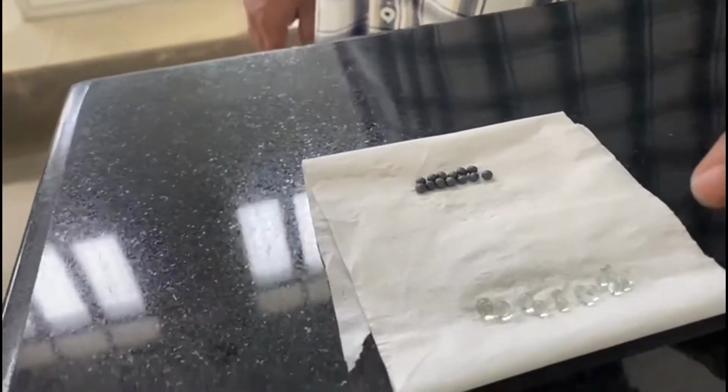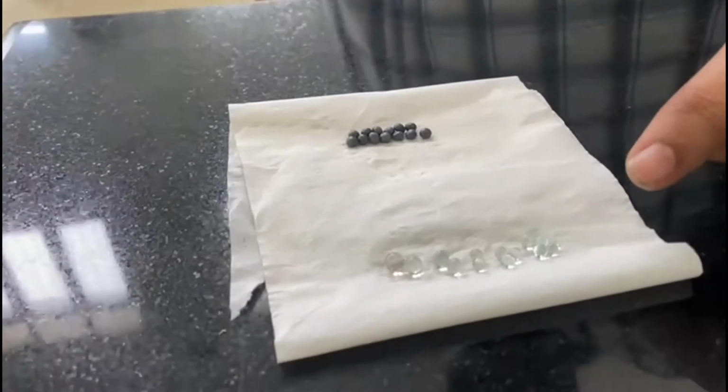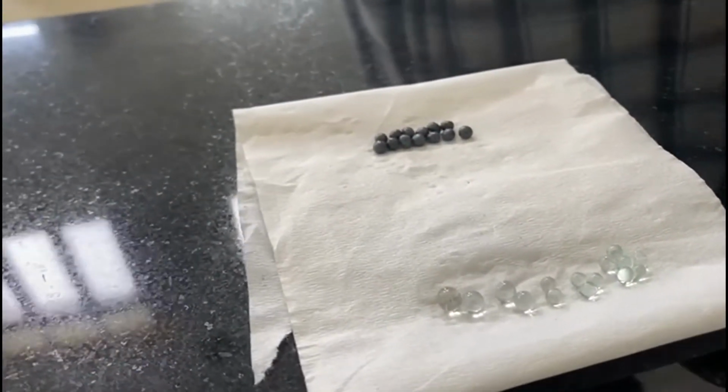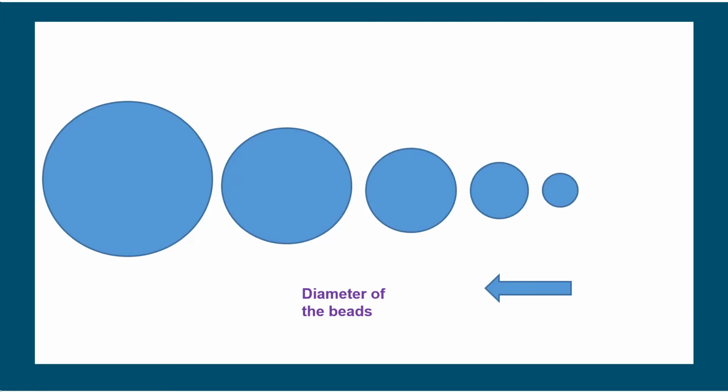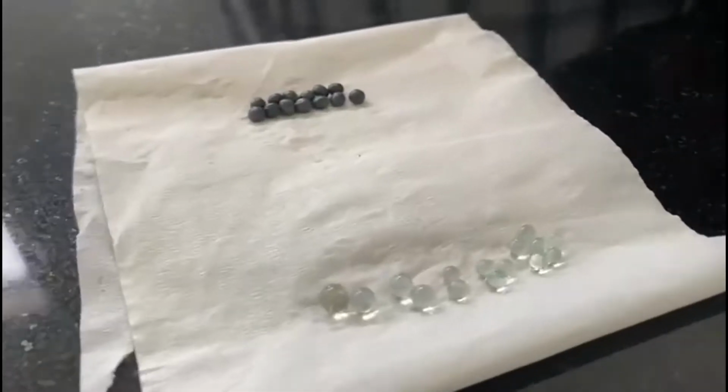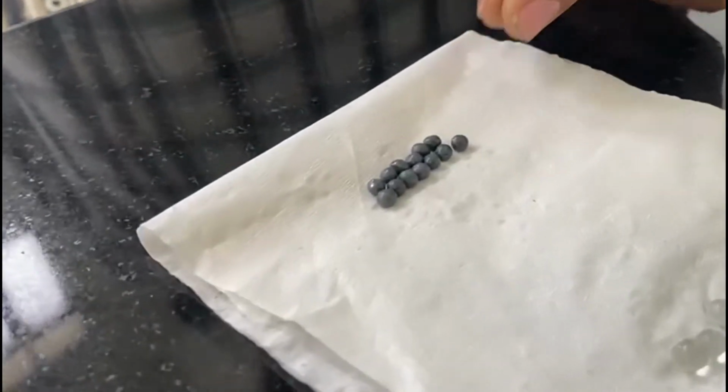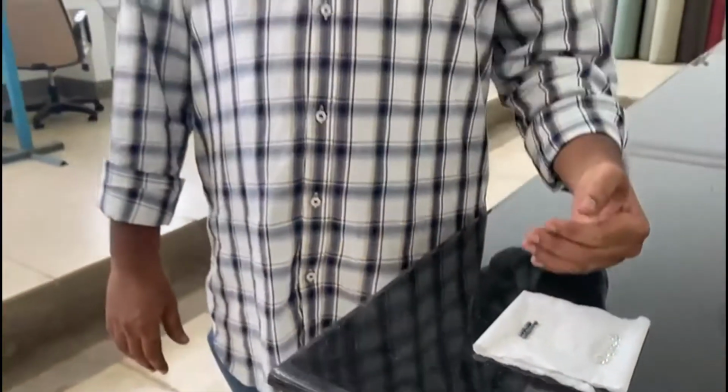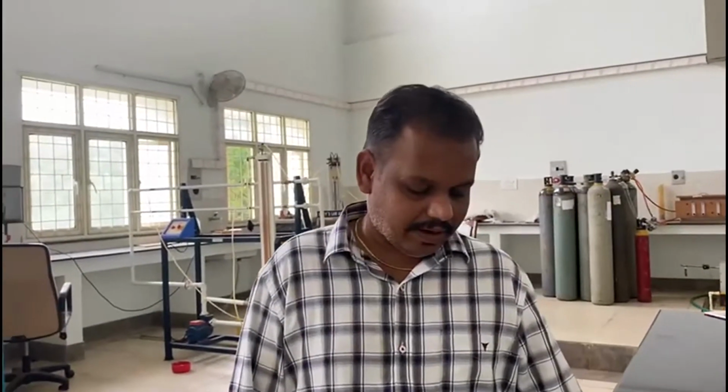In the first one you can see glass beads arranged in the order of bead diameter, ranging from smaller diameter to larger diameter. In the second one you can see lead beads arranged in the order of size from the lesser diameter to the larger diameter.